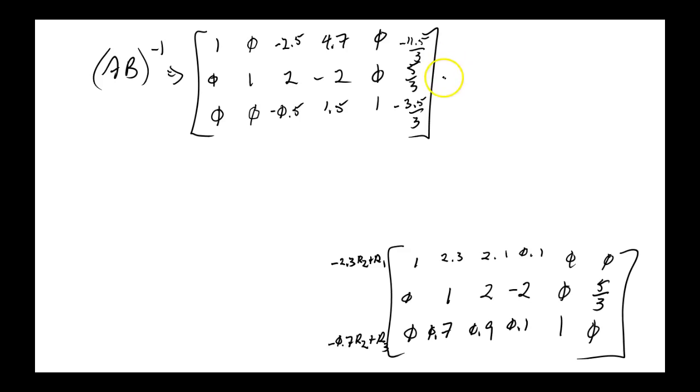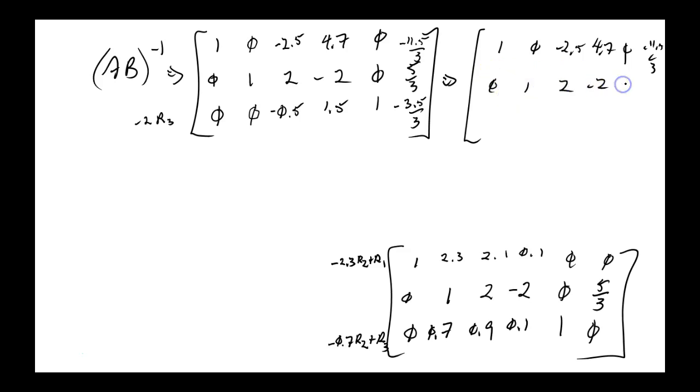Okay. Let's see what this becomes. I'm going to do negative 2 times row 3. Okay? I'm going to write down the first two rows. 1, 0, negative 2.5, 4.7, 0, and negative 11.5 thirds. That's ugly. A 0, 1, 2, minus 2, 0, 5 thirds. That's sort of ugly. And this one will then be multiplying by negative 2.